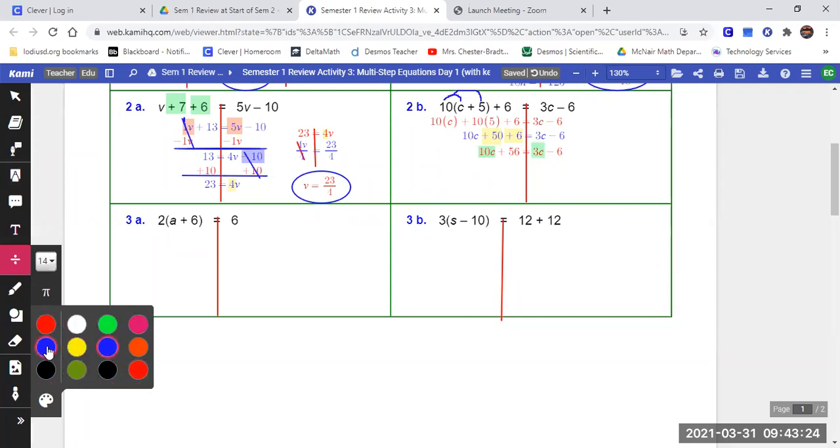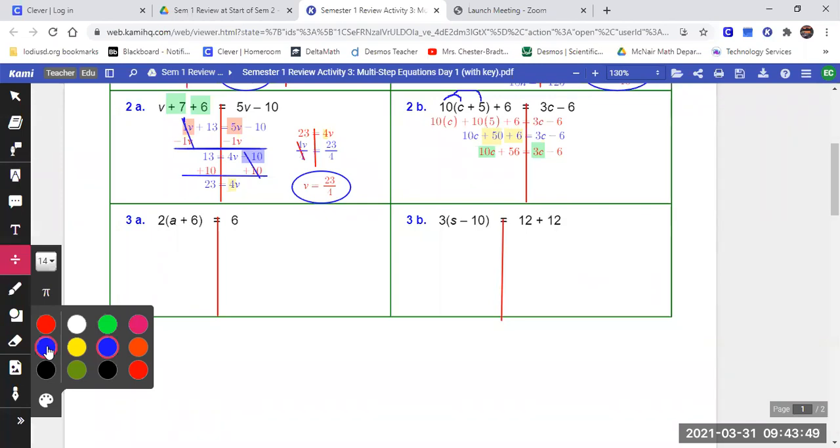Who's smaller? 3c is. Is that a positive 3c or a negative 3c? It's a positive 3c. So we need to zero out a positive 3c.